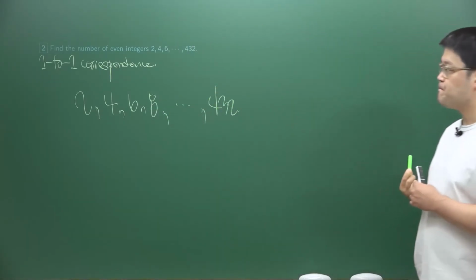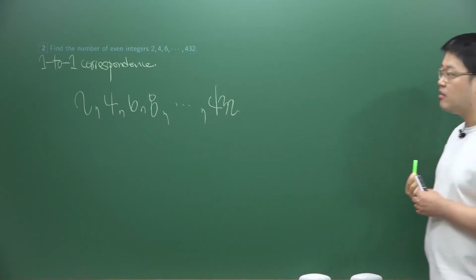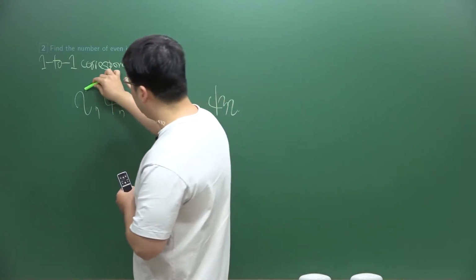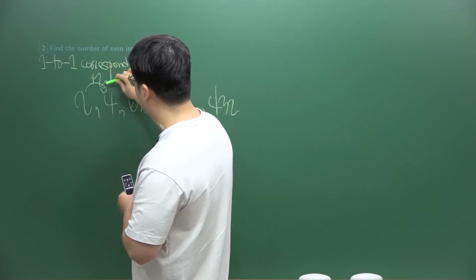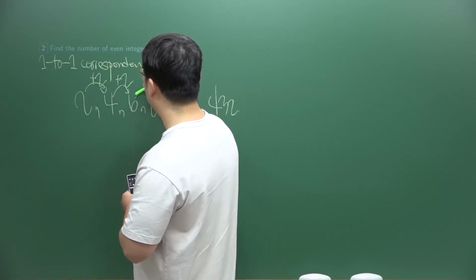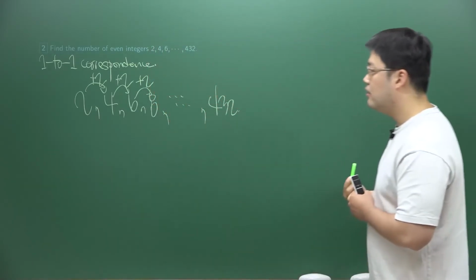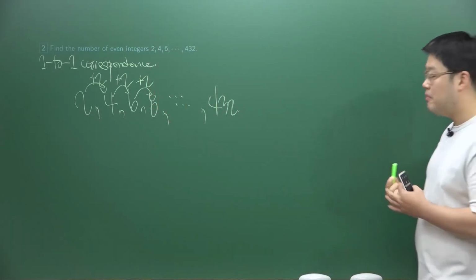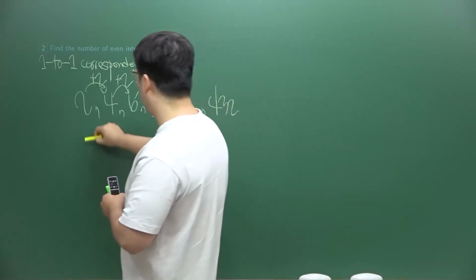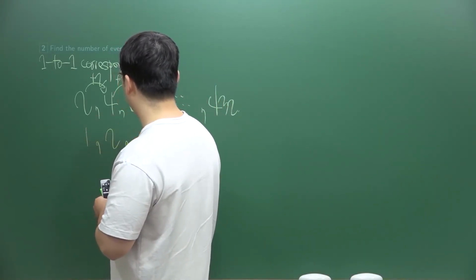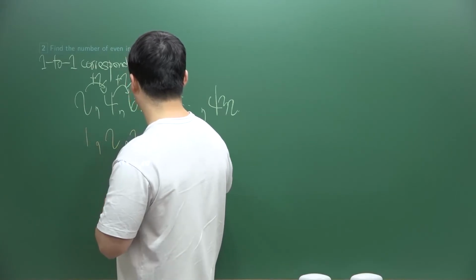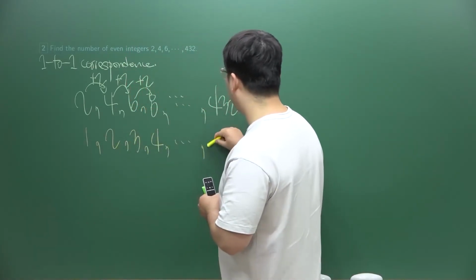Okay? Now, you see the common difference between the two is just going to be 2, and so on. Right. So if you divide this by 2, you get 1, 2, 3, 4, and ... all the way to 216.